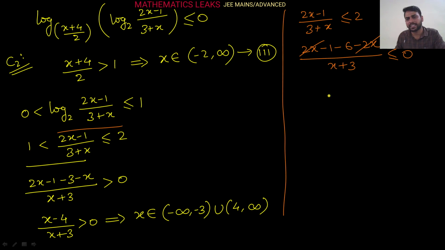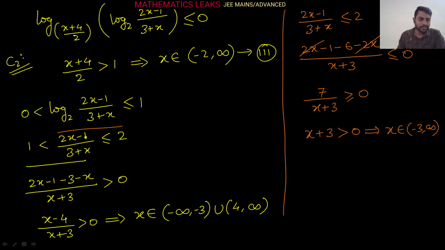On multiplying by the minus sign, we write 7/(x+3), and since I am multiplying by a minus, the inequality sign will be reversed. It will be greater than or equal to 0, right? As you know the numerator is already positive, so the denominator must be positive, then only the quantity will be greater than 0. So x+3 should be greater than 0. That provides x belongs to (−3, infinity), right?